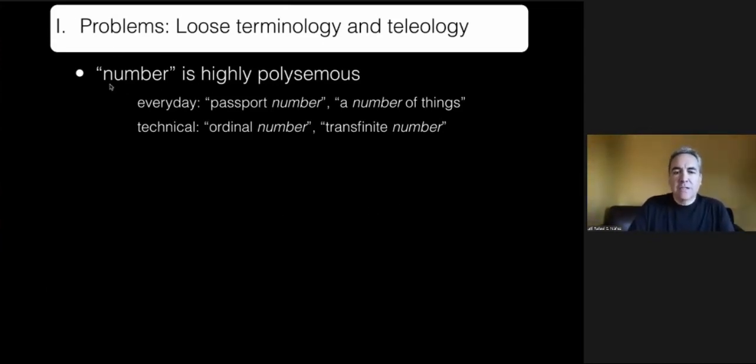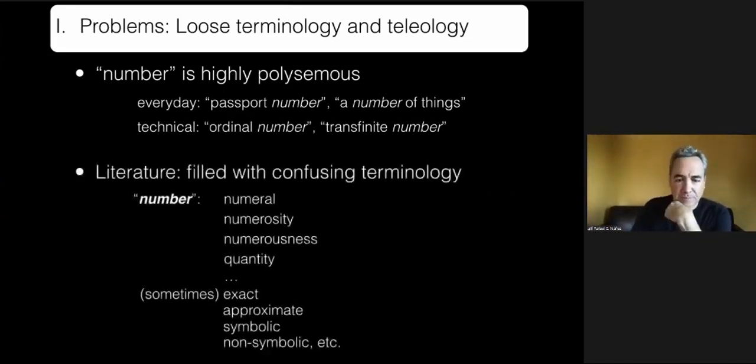The first problem is that number is a highly polysemous term. As you know, it exists in everyday language, like passport number, or a number of things, or even in technical domains like ordinal number, transfinite number, infinitesimal number, hyperreal number, and so on. In all these cases, number means something different.